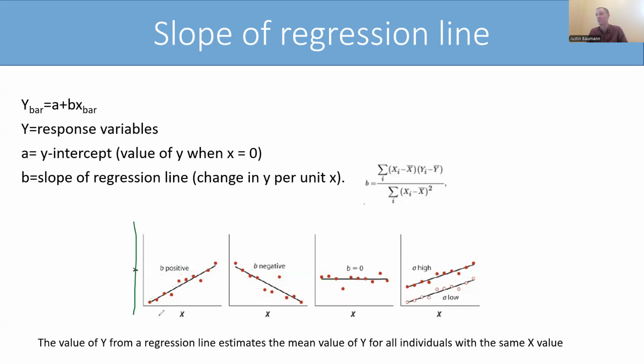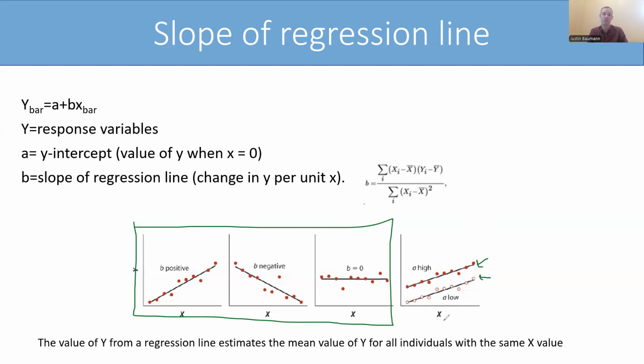So these first three, they show how the slope can change and how that affects our relationship. But let's say we're looking at regression of X versus Y variables. Let's say we're looking at penguins and we have two different species of penguin. We have the red penguin and the white penguin with the red outline. So we have this penguin here and this penguin here. Two species of penguins, and X is flipper width and Y is flipper length. And we're comparing the relationship between flipper length and width.